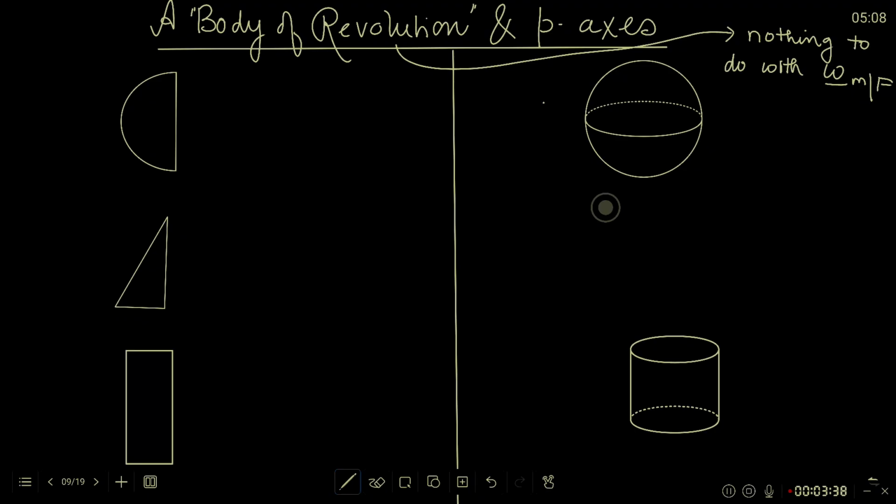This word revolution has to do with how possibly a rigid body can be generated using an area, how you can generate the volume of a rigid body. So on the right hand side I have volume of a rigid body, how it can be generated by a planar area.